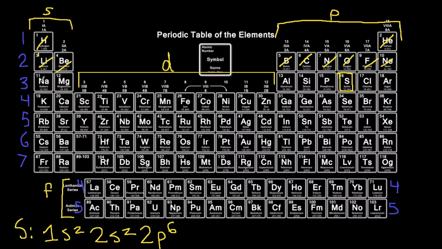Then we go down to the 3s, so we get 3s1 and 3s2. So those are full. Then we move on to the p orbital, so we get 3p1, 3p2, 3p3, and then 3p4 is where sulfur is. So that is the electron configuration of sulfur.